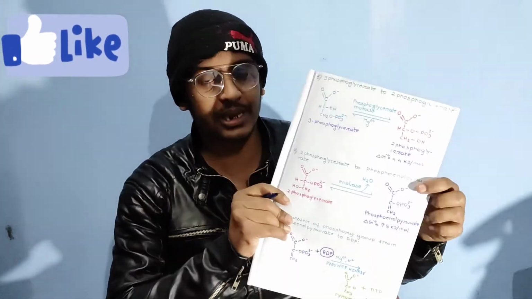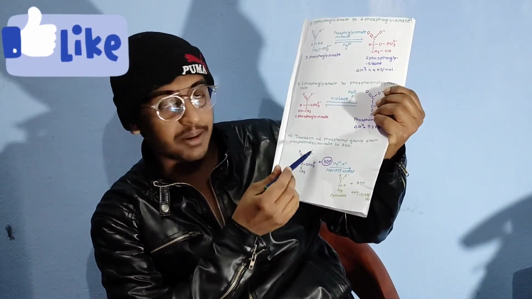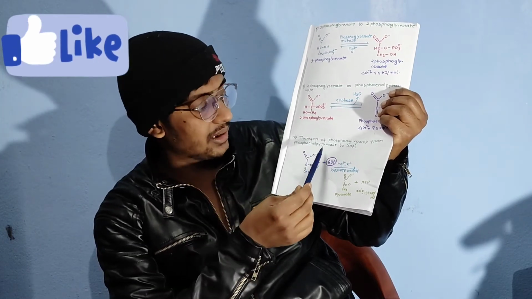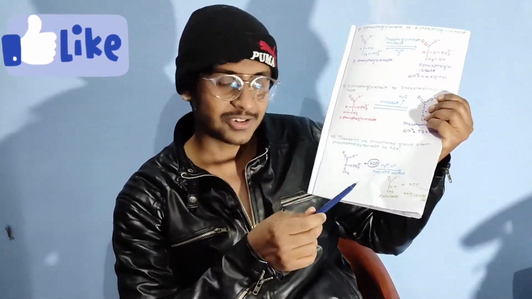So in respiration linked phosphorylation, the enzymes are membrane bound. On the other hand, in substrate level phosphorylation, the enzymes are soluble. The 10th step of glycolysis is the second substrate level phosphorylation.